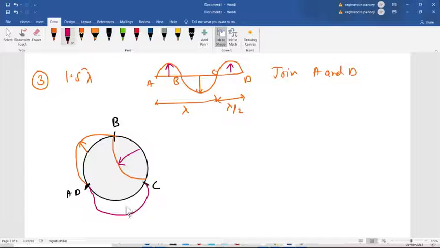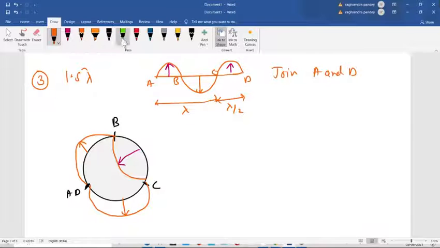My drawing is not that good, but okay, so that is the crest.